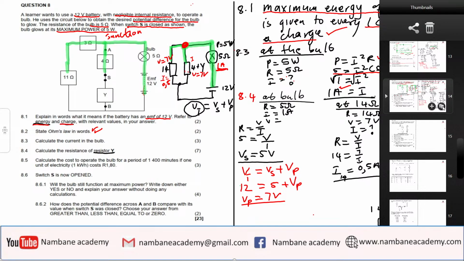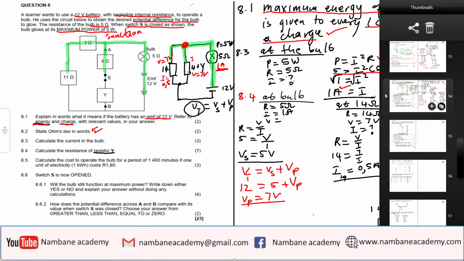Let me copy this, because I want to refer to these values, but I don't think I'm going to need much. Let's just use a clean, nice sheet.